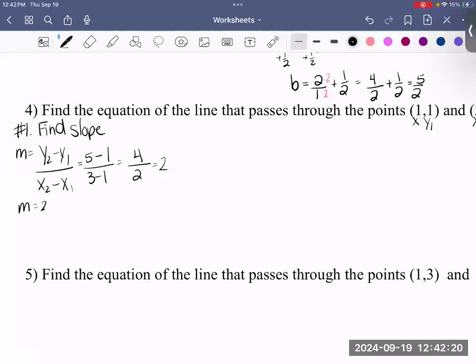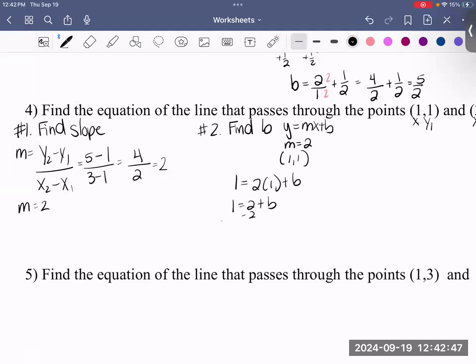So your m here is 2. Number 2, find b. That is if you wish to use y equals mx plus b, where we now have your equation. We have 1, 1 as your point. We can go ahead and plug that in. In step 3. And there you go.